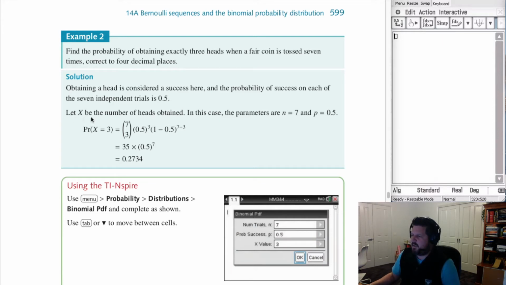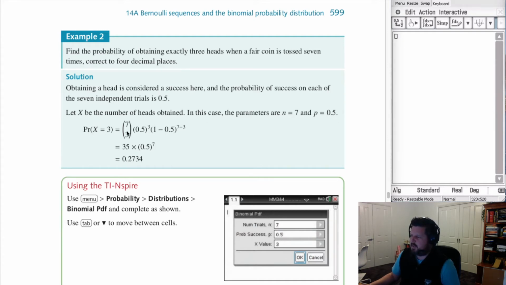So we're going to let x be the number of heads obtained. In this particular case, they're looking for exactly 3 heads to be obtained. And we've got n trials, so because it's tossed 7 times, n is 7 and p is 0.5.